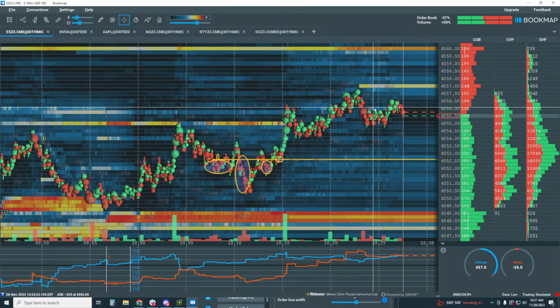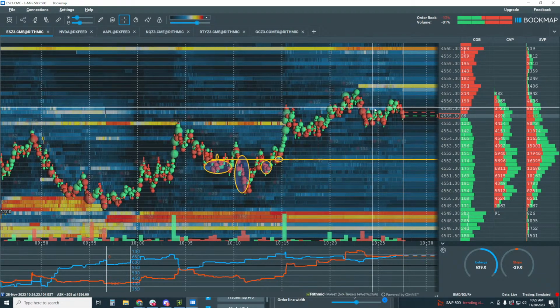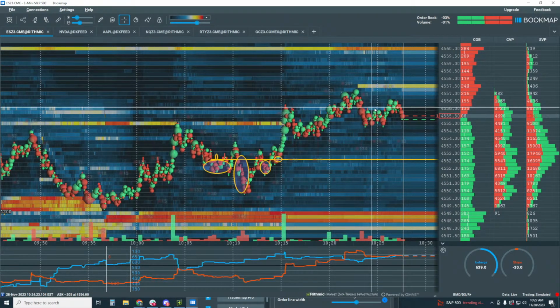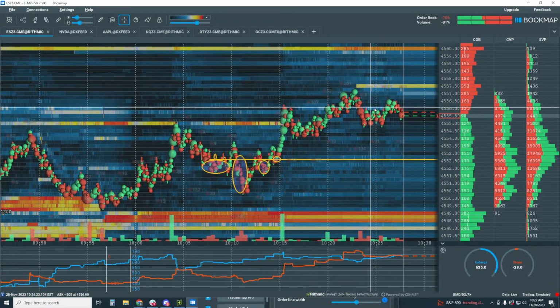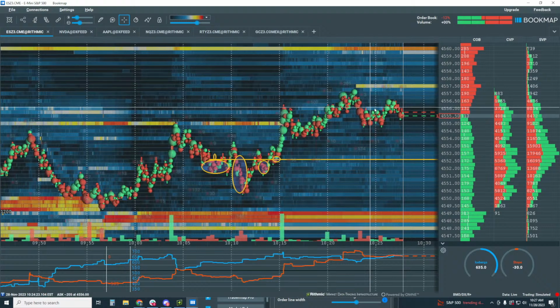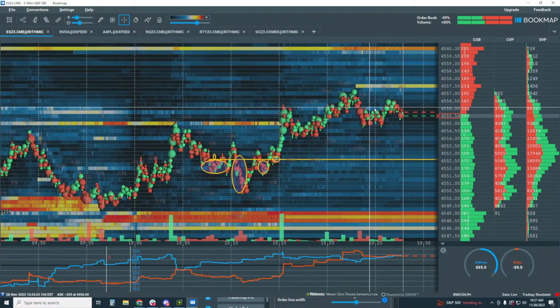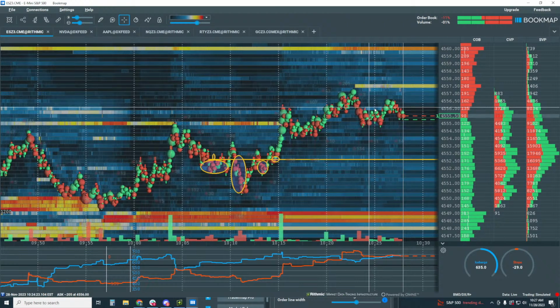So Paul, for example, instead of looking at a high volume node as being kind of a magnet for price to return to, you are looking at a gamma level on the chart, okay, from options trading, and then that being kind of a magnet to keep price in that area, and you set around 55.